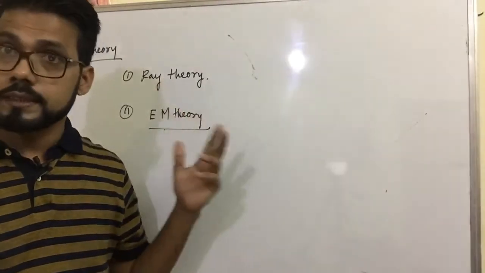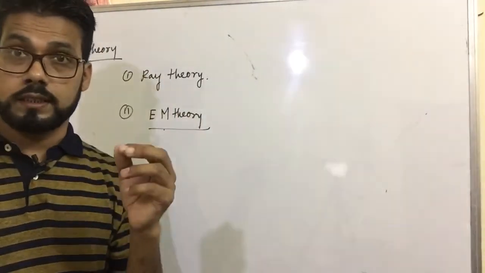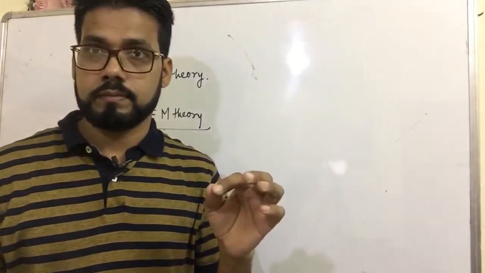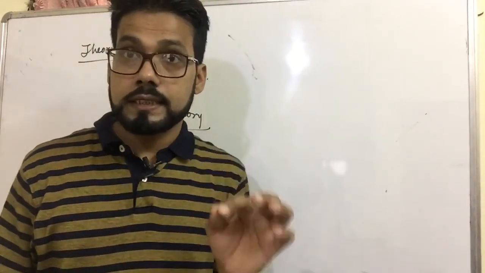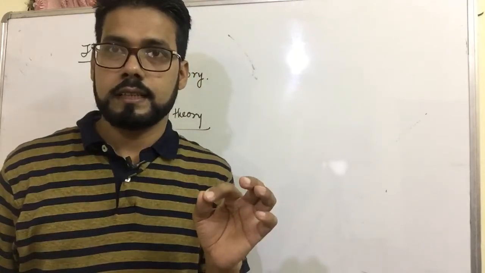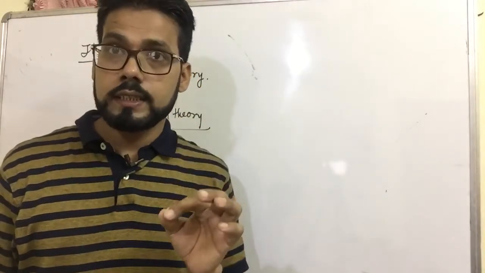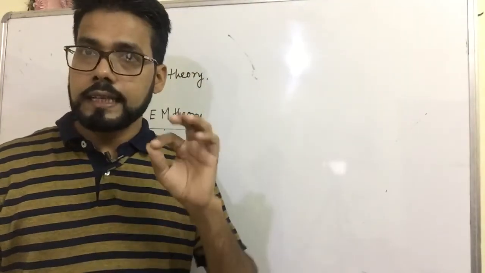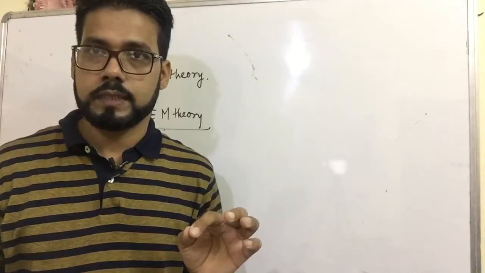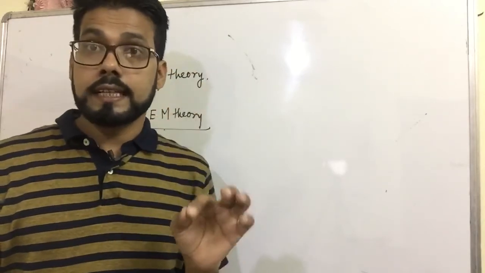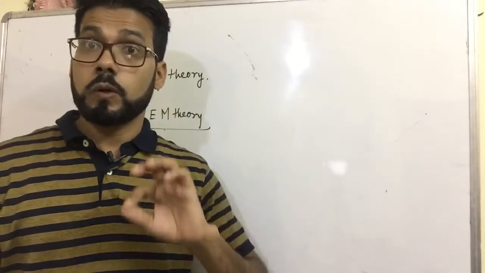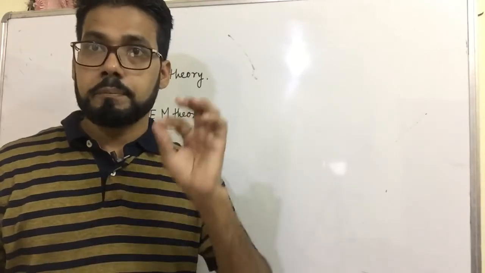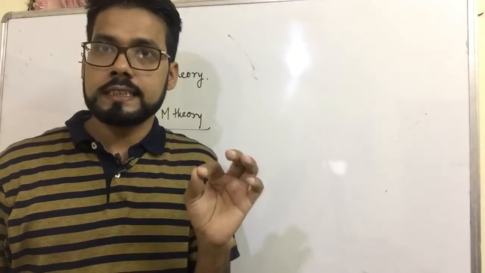But ray theory we use for an initial understanding of the optical mechanism and measurement of some specific parameters. I'm telling you, this ray theory is used here only to understand the basic parameters.